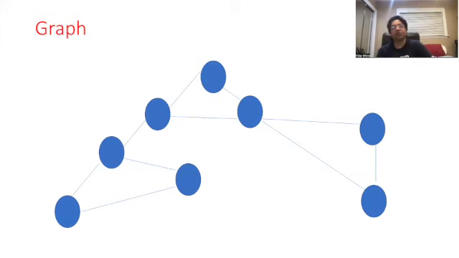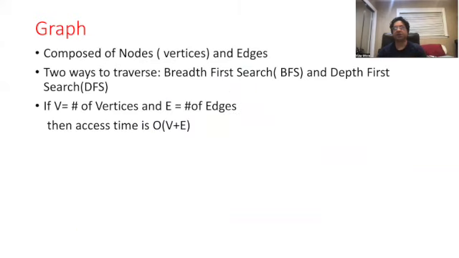Graph. Graph is a very important data structure as well. Whenever you think of multiple nodes or multiple values, think of a social graph like LinkedIn or Facebook. There are a lot of people connected by some kind of relationship: in the case of Facebook it's friendship, in the case of LinkedIn they are called connections. So we have nodes and edges, or vertices and edges.